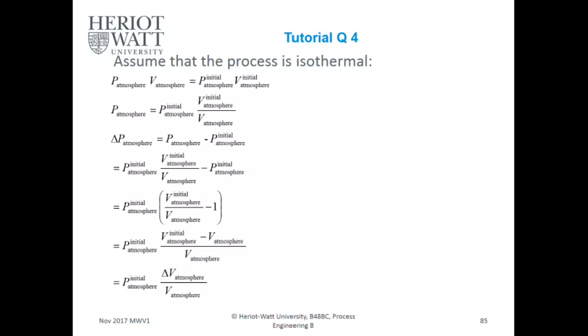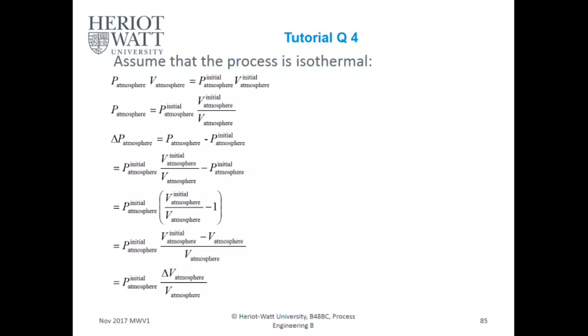And the initial pressure of the atmosphere multiplied by the initial volume minus the entire volume of the atmosphere, over the volume of the atmosphere, is the ratio of pressure change. So the new pressure of the atmosphere equals the initial pressure of the atmosphere multiplied by the change in volume of the whole atmosphere over the actual volume of the atmosphere, so the whole world.